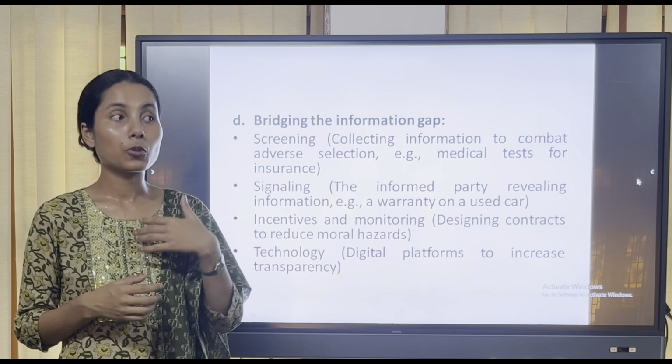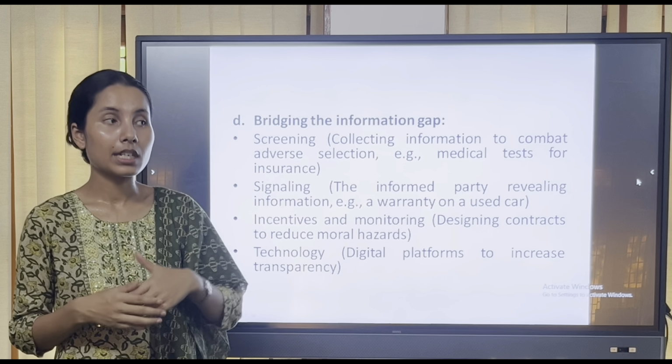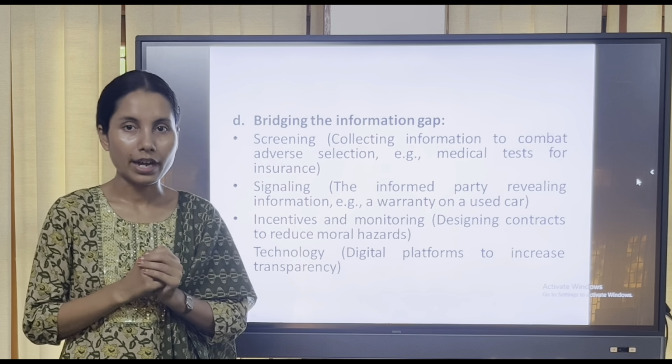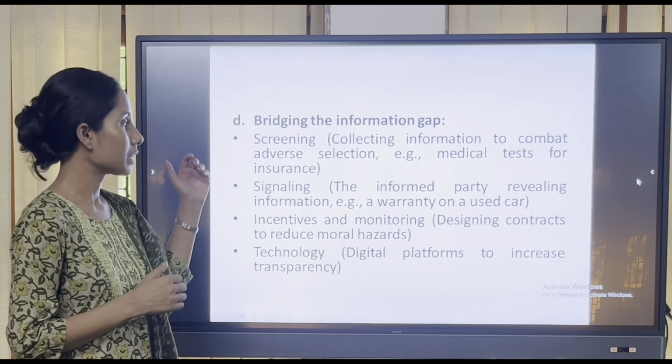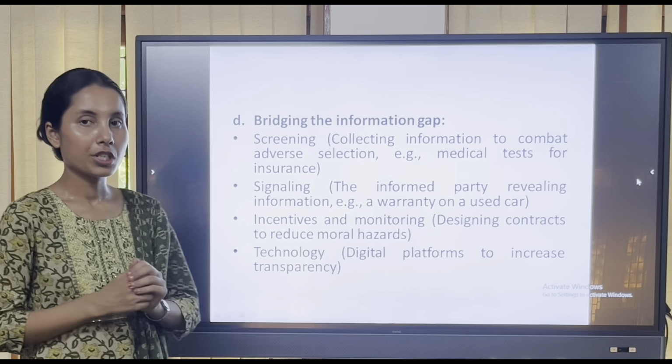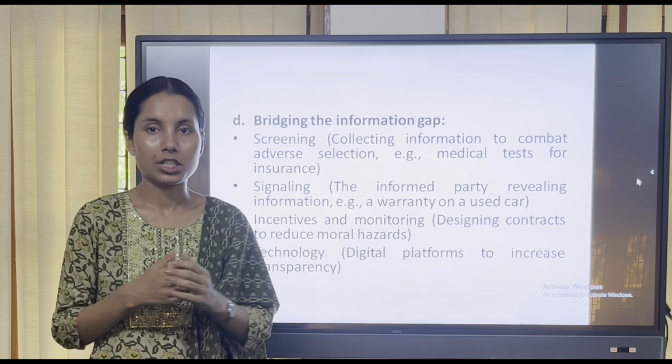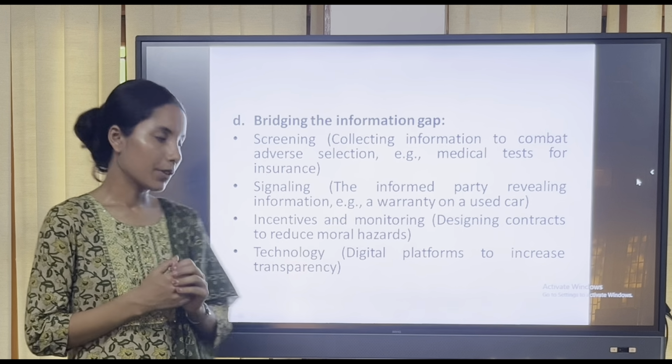Then we will think, oh, this seller is providing us a warranty, that means this car is of good quality, otherwise they would not have provided it, right? So steps like this can be used to prevent such problems of hidden actions or hidden information. Okay.